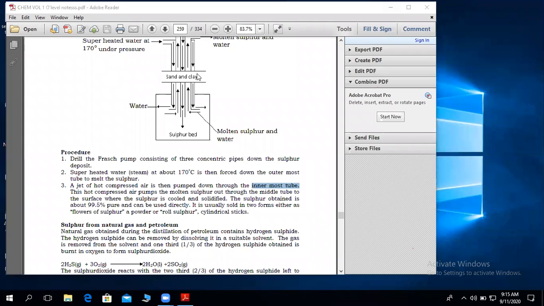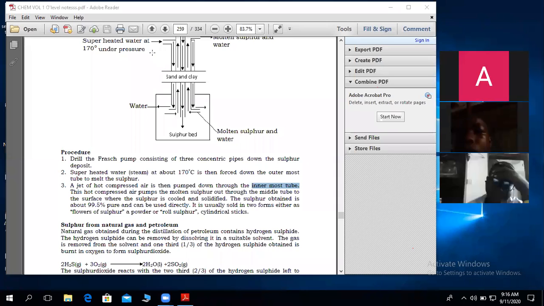The melted sulfur, because we do all that to melt the sulfur, the molten sulfur will be forced to come up, but it comes up through the middle pipe. Just for the sake of those who have just joined us, I'm repeating. Superheated water at a temperature of 170 degrees centigrade is let in the outermost pipe.